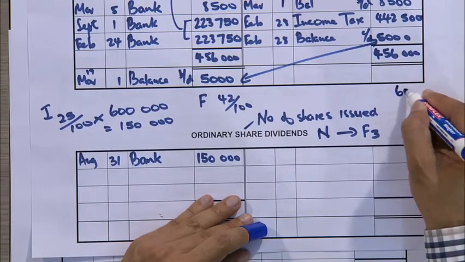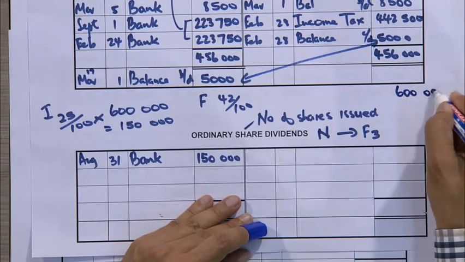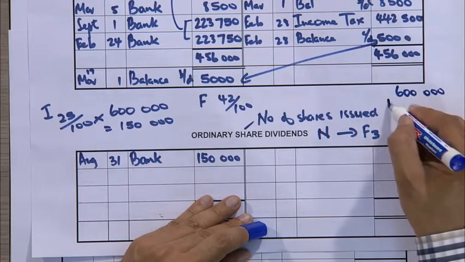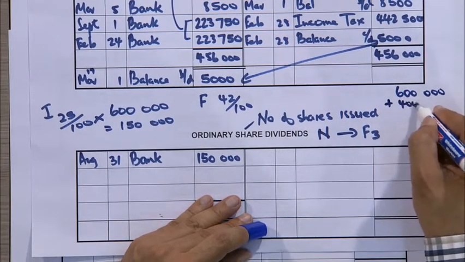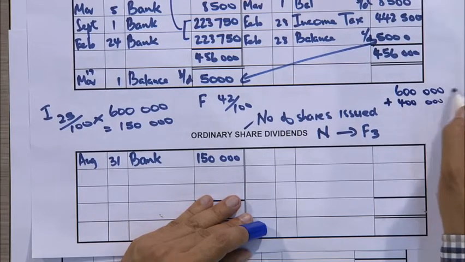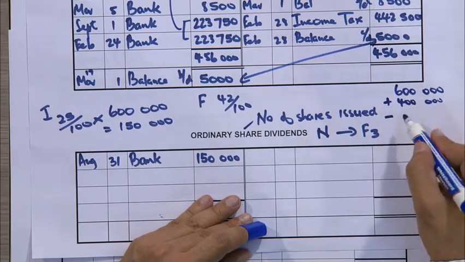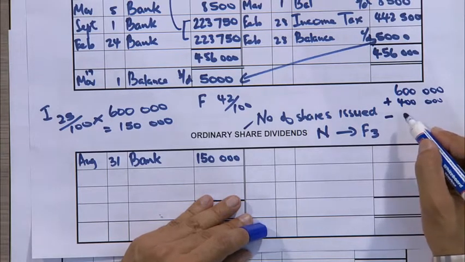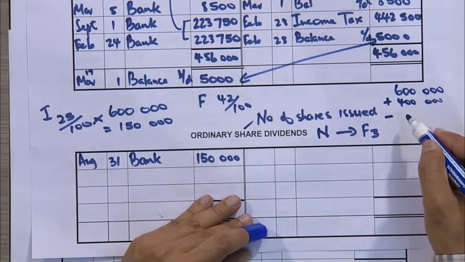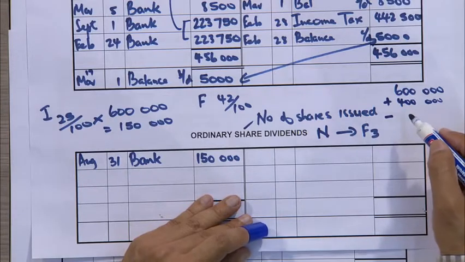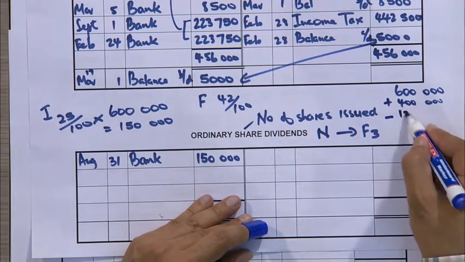Remember that they had 600,000 shares. Then they issued an extra 400,000 to get the million. Then they're going to repurchase 120,000. Yes, it says that they're repurchasing 120,000.